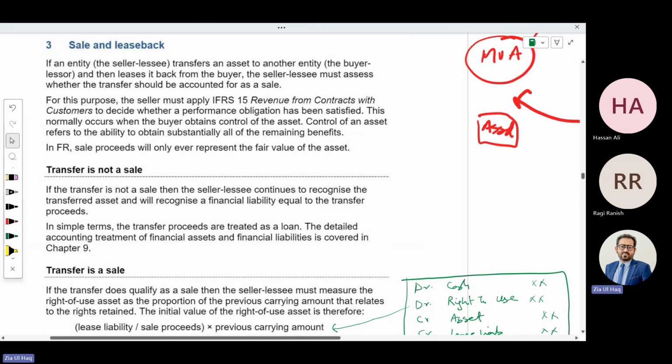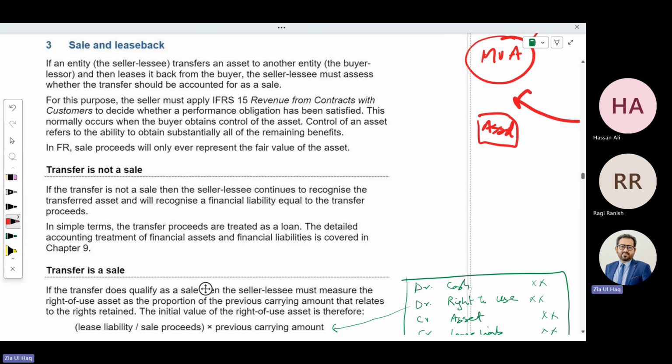If an entity, the seller, who is a lessee here, Mr. A, transfers an asset to another entity, Mr. B, the buyer, lessor, and then the lessee leases it back from the buyer, Mr. B, the seller, Mr. A, lessee must assess whether the transfer should be accounted for as a sale.